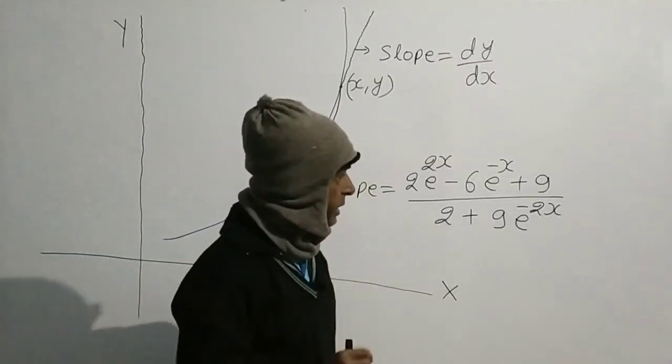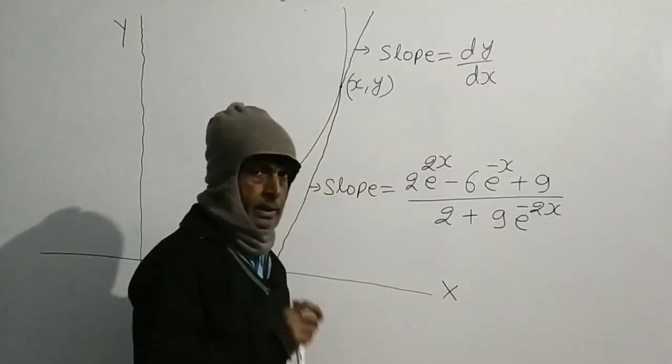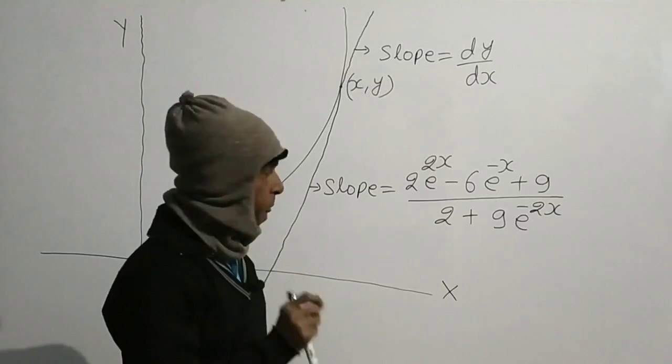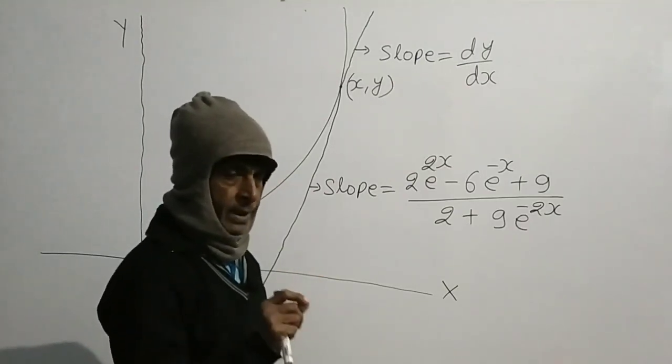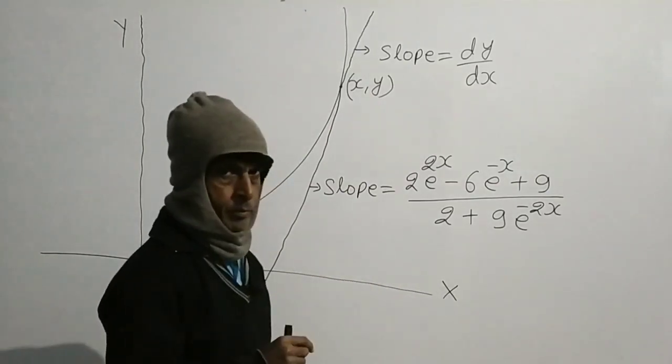In the 12th class math book, there is a chapter, Tangent and Normal, in Application of Derivatives.